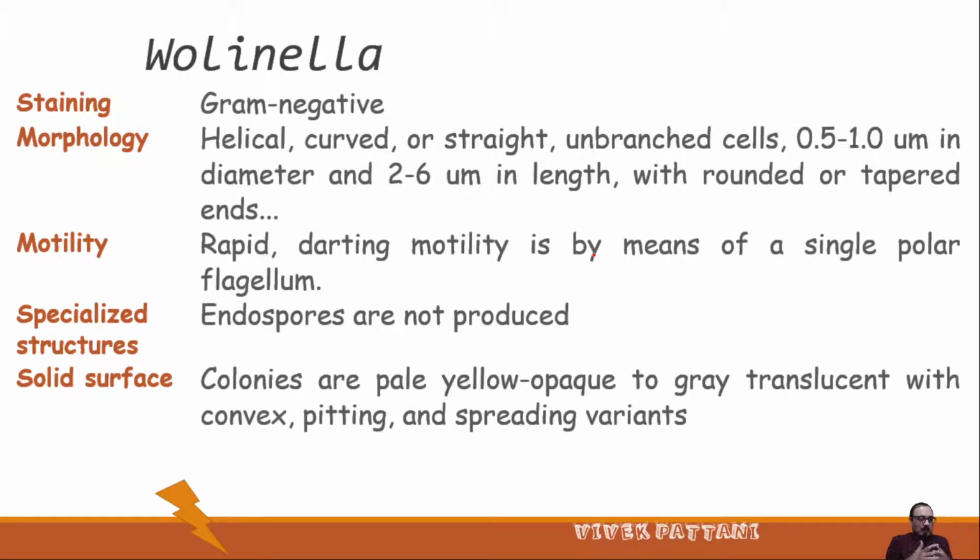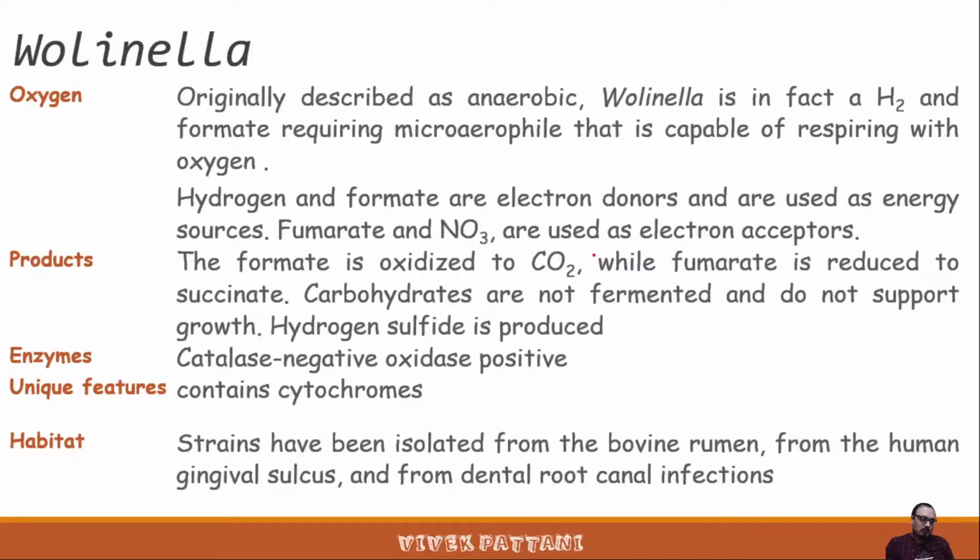They have rapid, darting motility by means of a single polar flagellum, and they do not produce endospores. On solid surface medium their colonies are pale yellow, opaque to grey translucent, with convex pitting and a spreading variance.